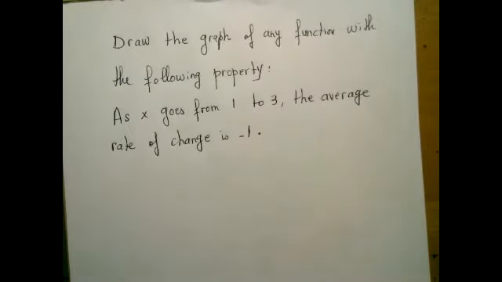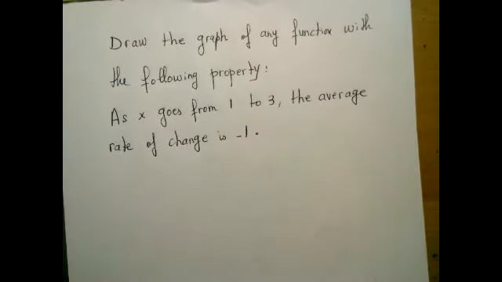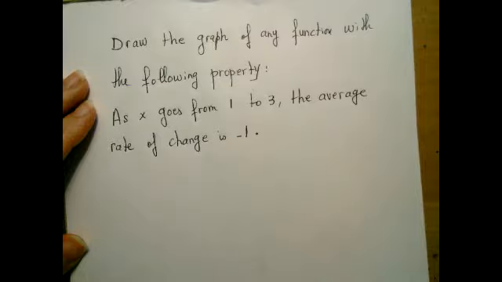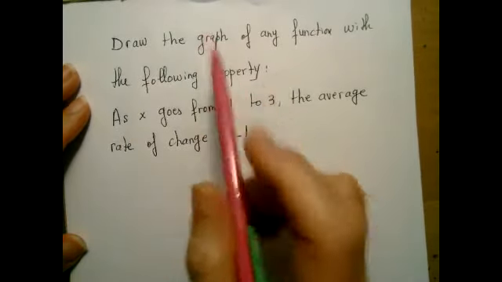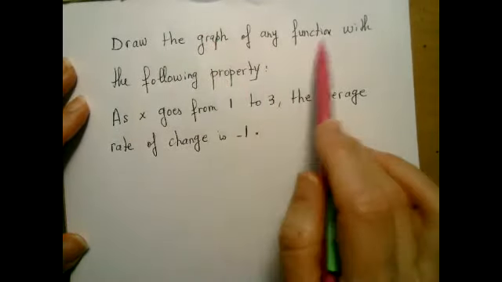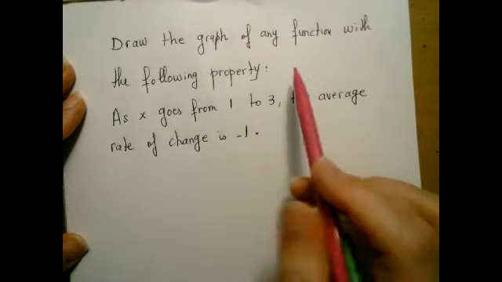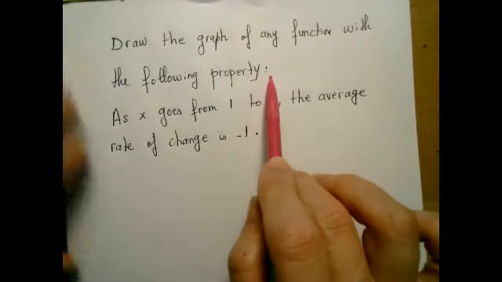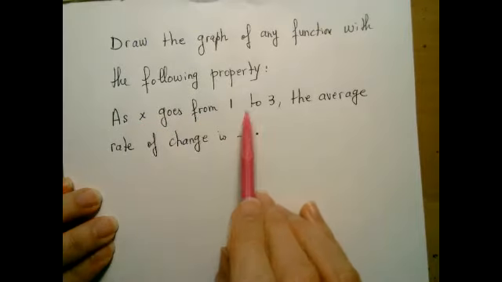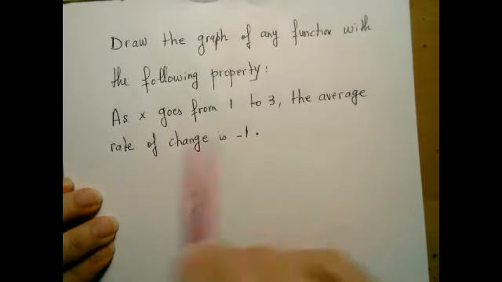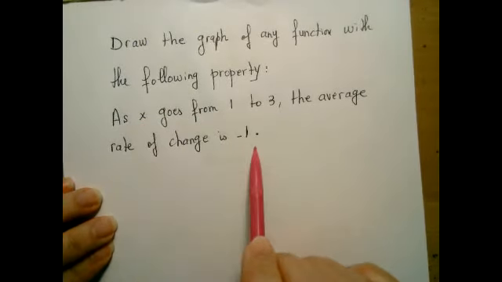Okay. And it's a little bit bizarre, but it's a nice problem. Draw the graph, because you have to be a bit creative here, of any function that has the following property. As x goes from 1 to 3, the average rate is -1.